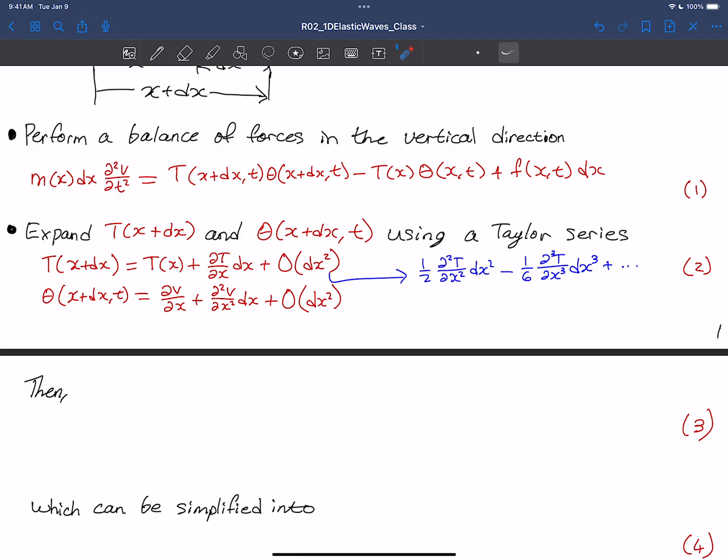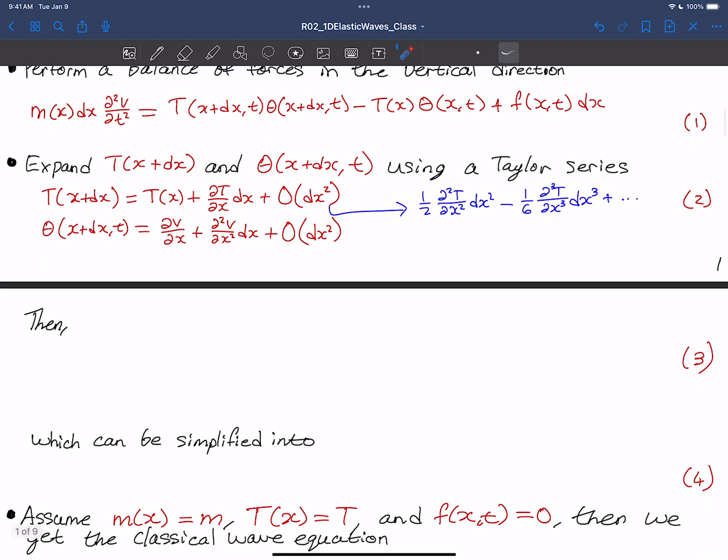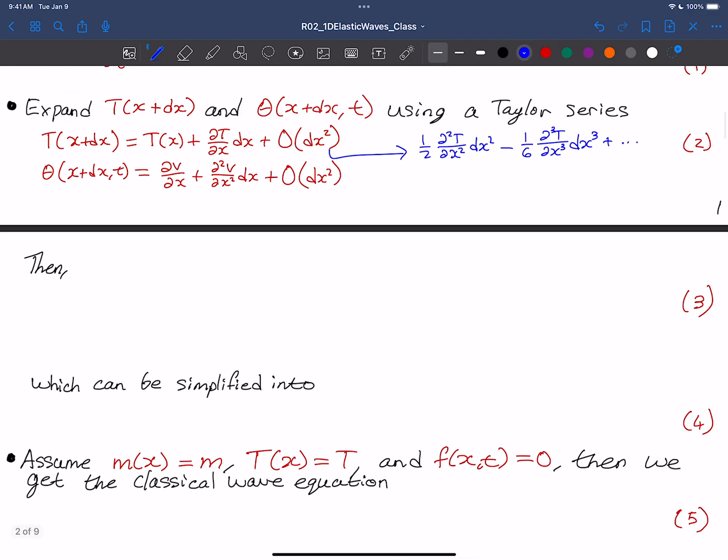So what we'll then do is bring these into our equation of motion, and let me just switch back to red.